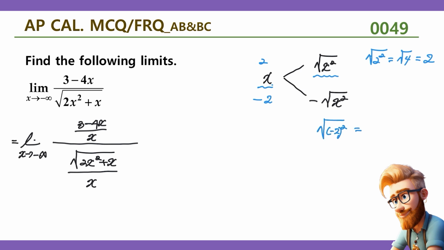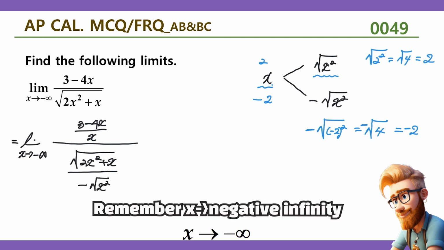Negative 2 squared is positive 4, so that is equal to positive 2. Do you see that? So we must have a negative here. If x is a negative number, then x is equal to negative the square root of x squared. So we're going to rewrite this x as negative the square root of x squared. So far so good?